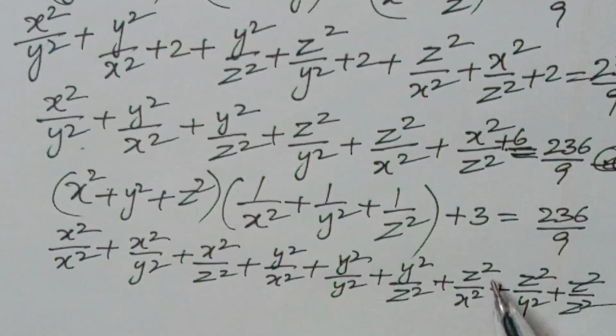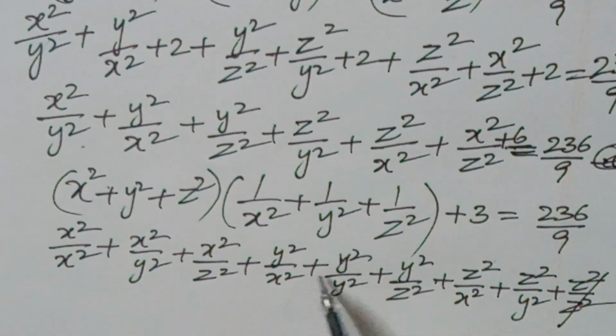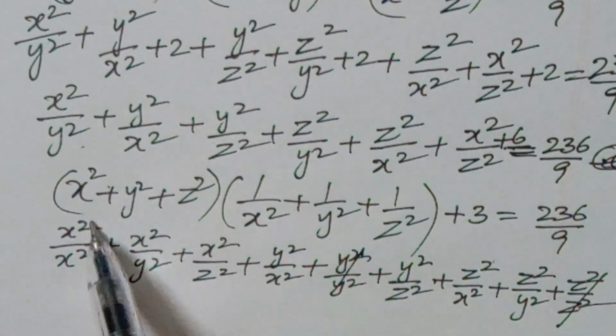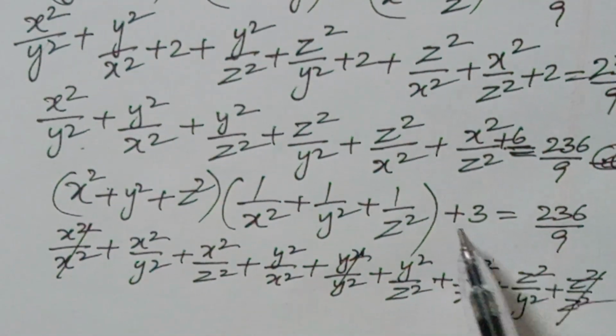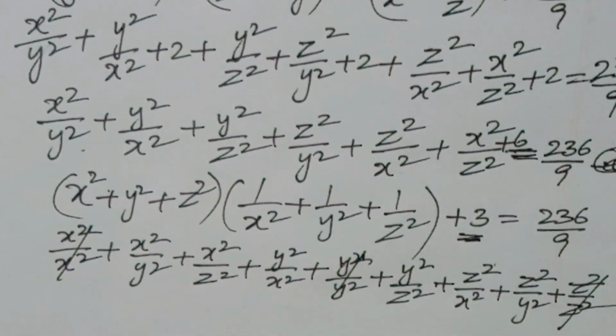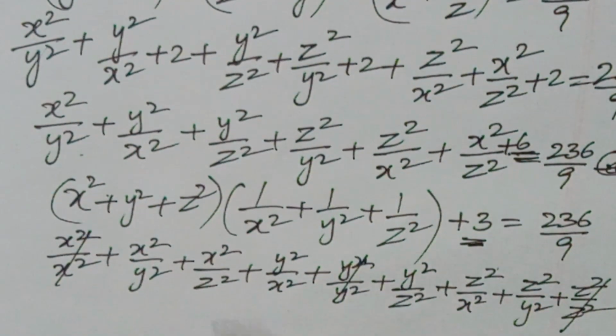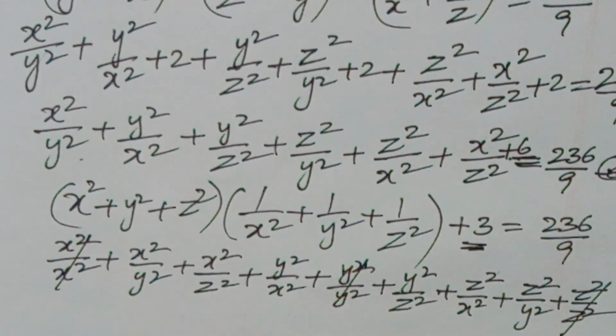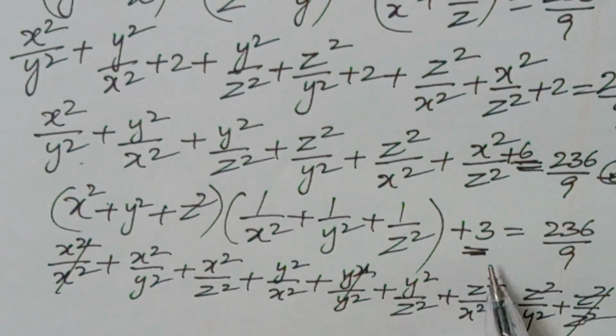So here these get cancelled, z square and y square get cancelled, x square gets cancelled, you'll get 3. That's why I wrote here 3. Out of 6, 1 you have taken inside 3, another 3 you wrote here.